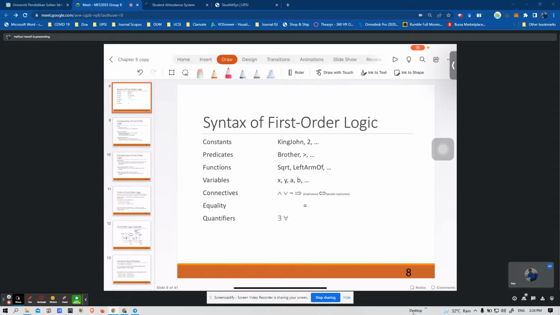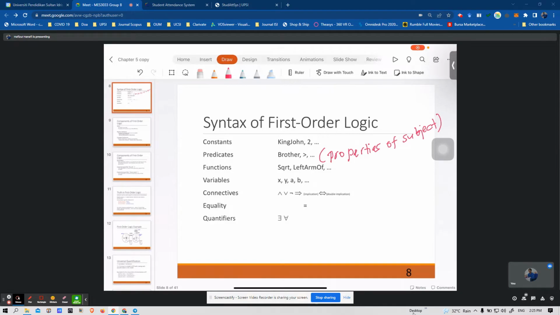Basically, a predicate defines properties.